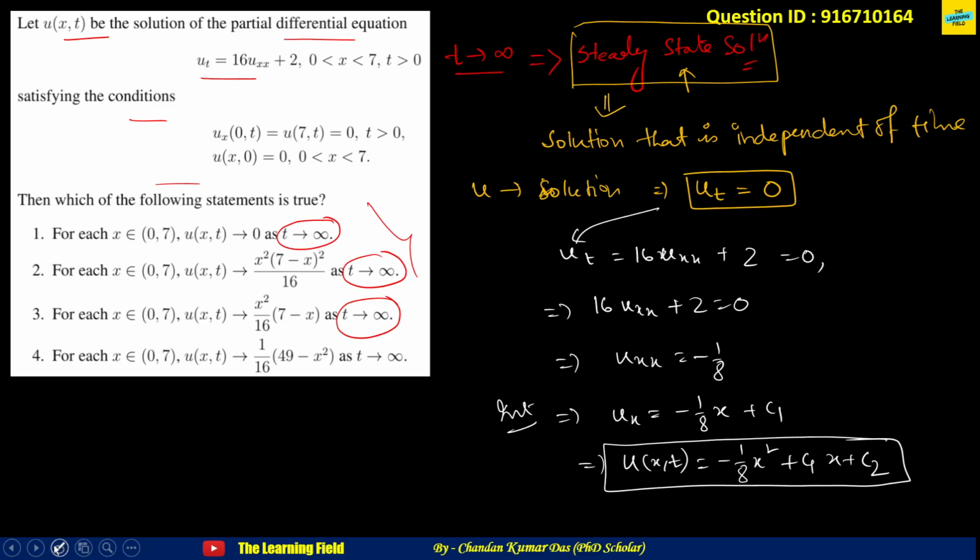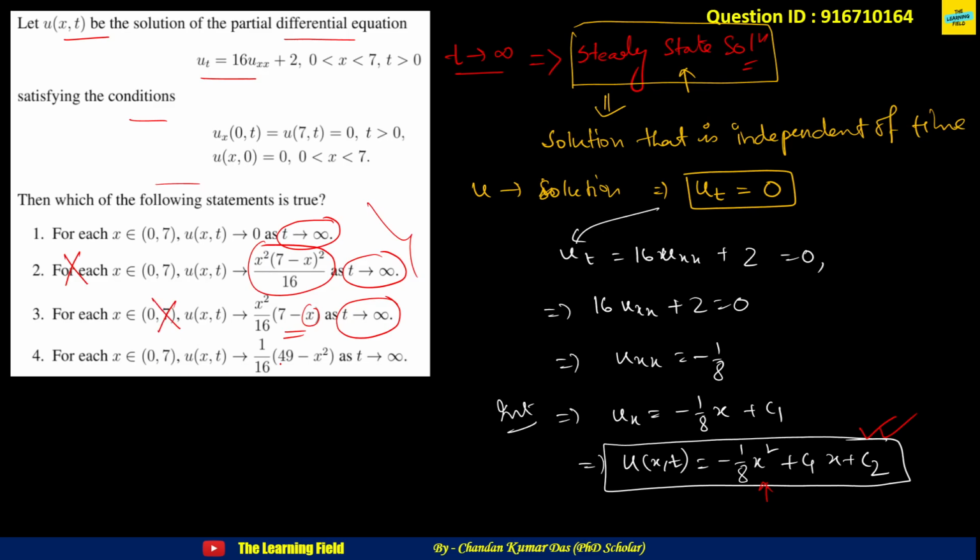Now note that this solution is a quadratic solution. That is, the order of this solution is 2. Okay, this is a second order equation. Fine. Now it is given that this is a fourth order equation, fourth order in x. So this is wrong. Now here the degree of this equation is 3.